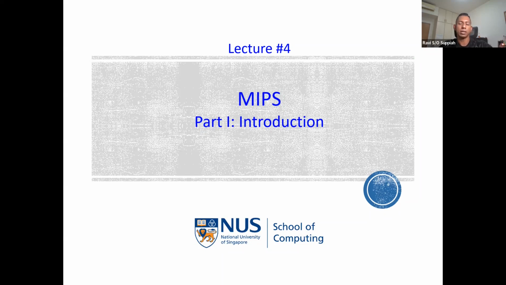But here we scale it down a bit, so you only focus on understanding assembly language and how the processor actually interprets assembly language instructions. In this MIPS section, which is basically going to take up the rest of the weeks for the first half of this semester, we're going to cover a few things.